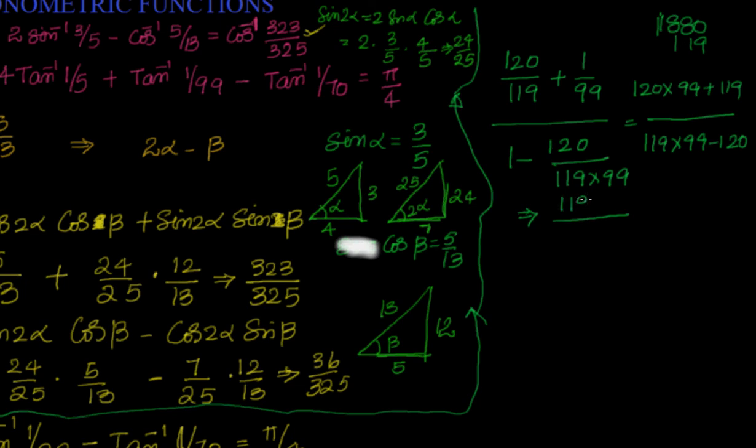I wish it's correct. You can do that on a calculator simply. So we can simplify that. 119 into 99 minus 120, that is nothing but this number. Okay, we'll see what is coming on the other side.